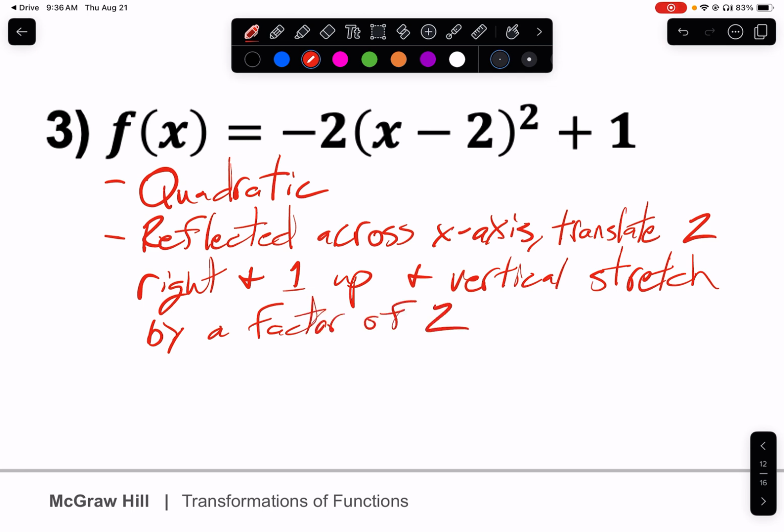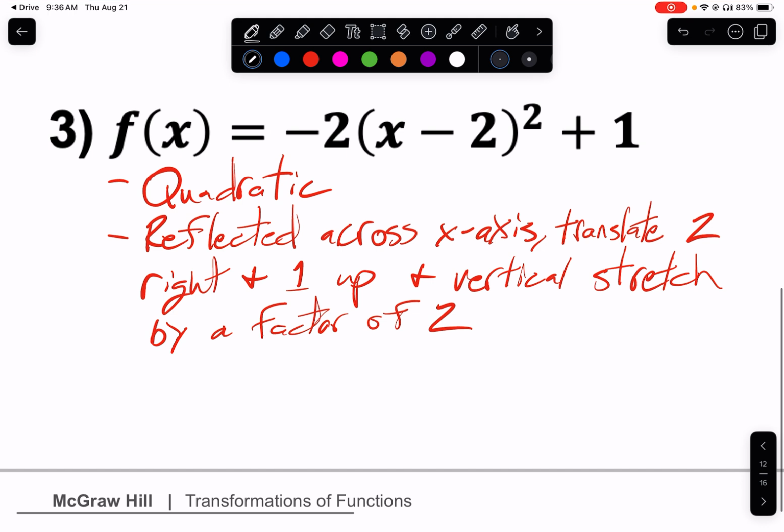So that means it's getting skinnier. So it's going to be flipped upside down because it's negative. It's moved to the right 2 and up 1, and then it is a little bit skinnier because we have that vertical stretch. So let's go ahead and draw what we think our graph would look like.